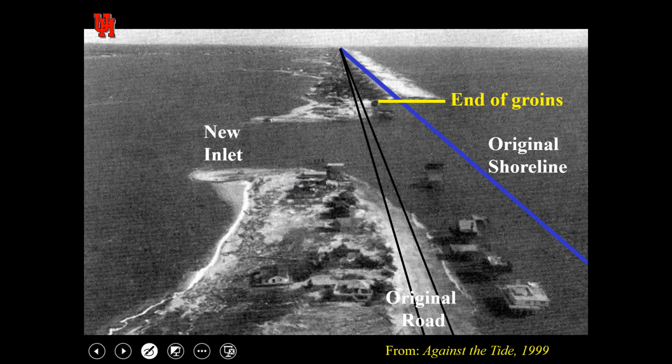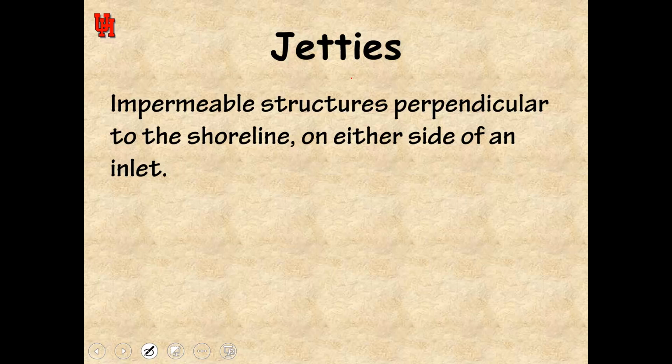Okay, and so here are the homes, here were the homes, and this is the end of that groin system. So we see the long-term effect of jetties is to protect the updrift area and cause major disruption in the downdrift area, not unlike upstream channelization and downstream erosion or increased flooding.